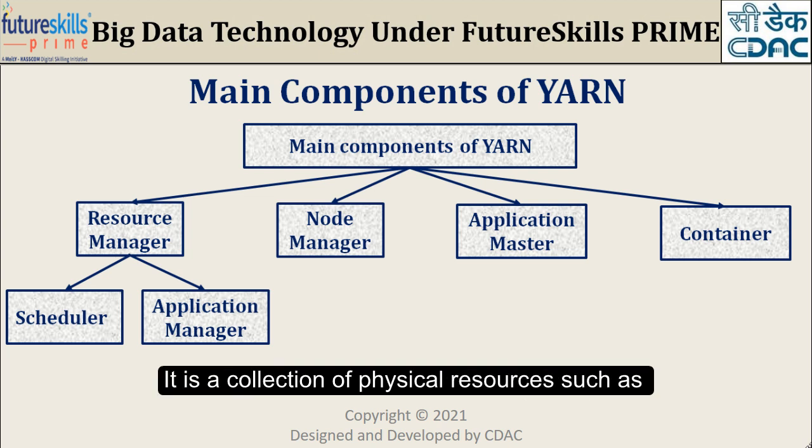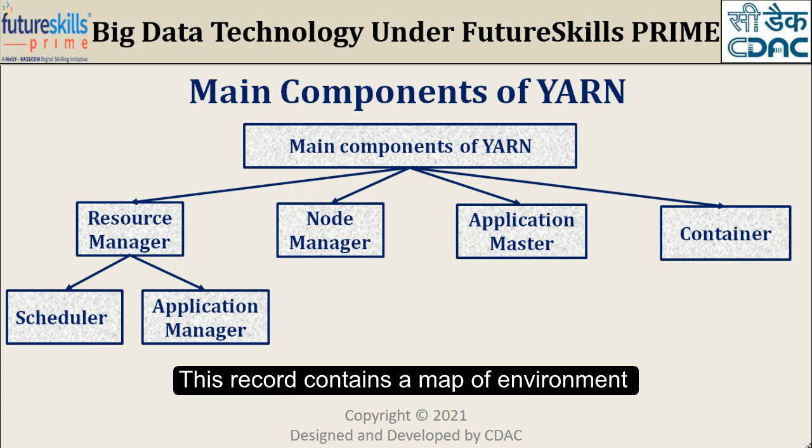It is a collection of physical resources such as RAM, CPU cores, and disk on a single node. Yarn containers are managed by a container launch context, which is the container life cycle record.